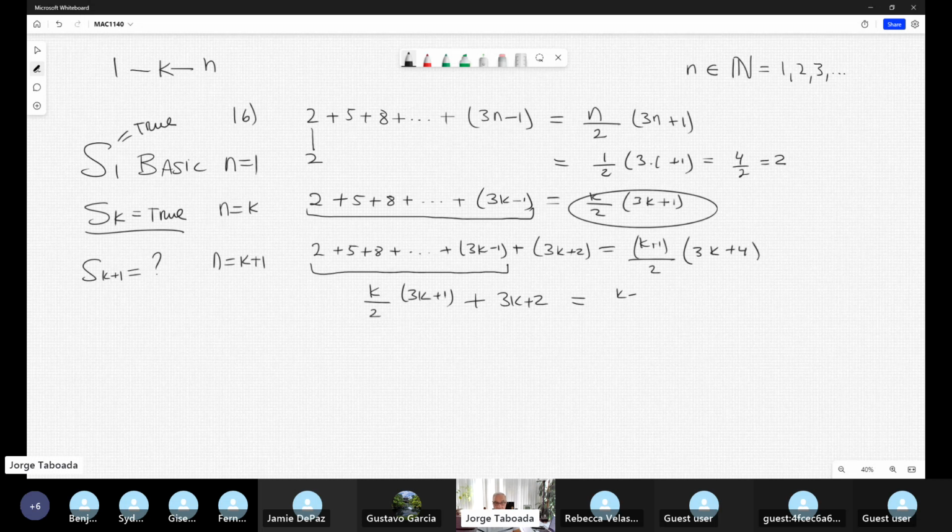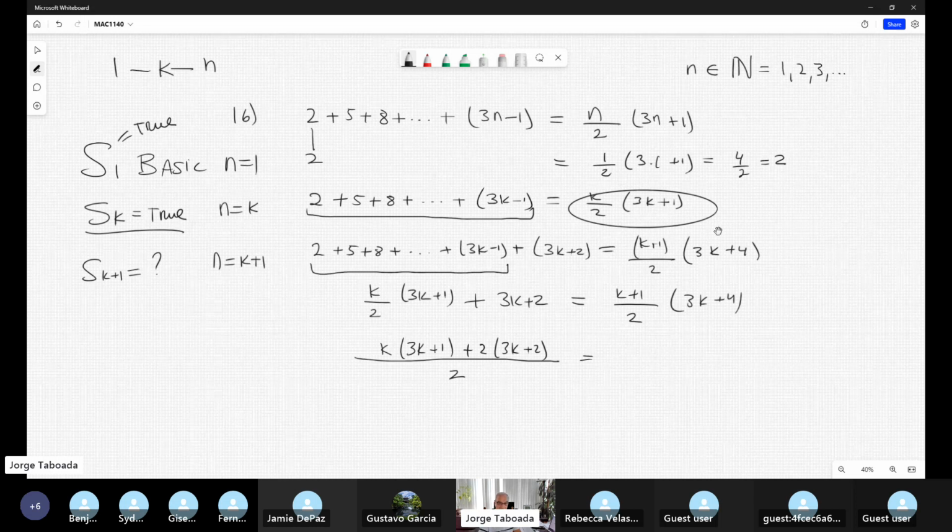It is equal to (k plus 1) divided by 2 times (3k plus 4). Well, I suppose that you condense this and this in only one, so the common denominator is 2, and you copy k times (3k plus 1) plus 2 times (3k plus 2). For a moment, I don't touch that one.